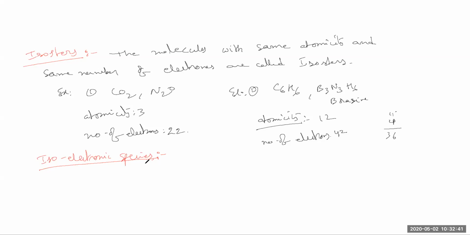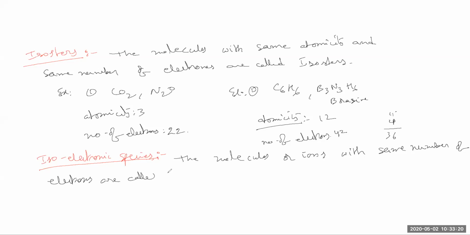The molecules or ions with the same number of electrons are called isoelectronic species.